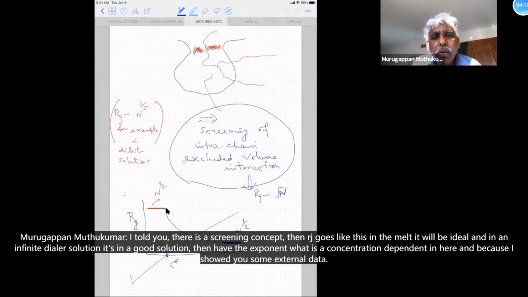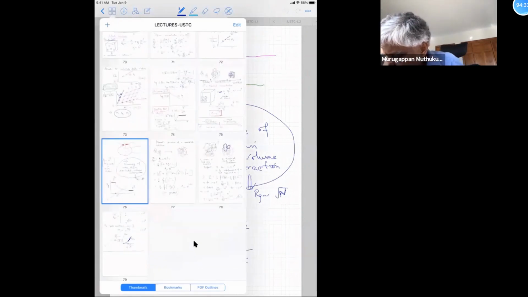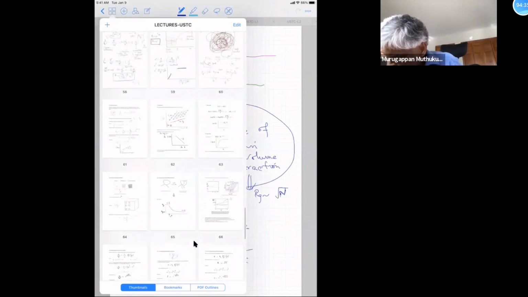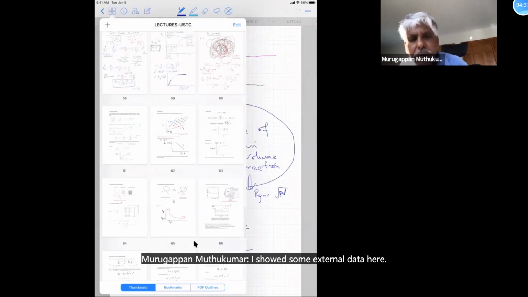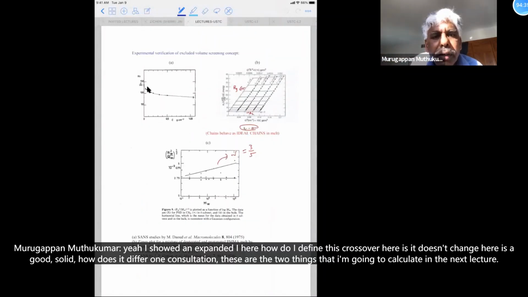Then RG goes like this. In the melt, it will be ideal. And in an infinitely dilute solution, it's a good solution. Then I have the Flory exponent. What is the concentration dependence in between? I showed you some experimental data here.